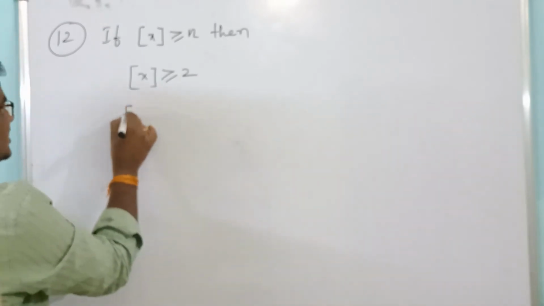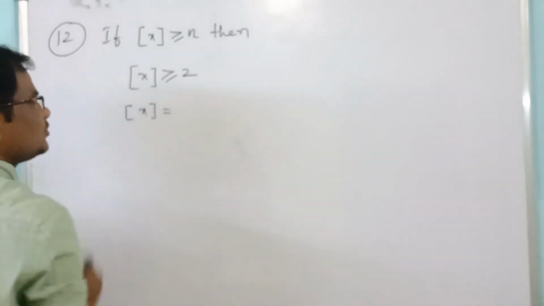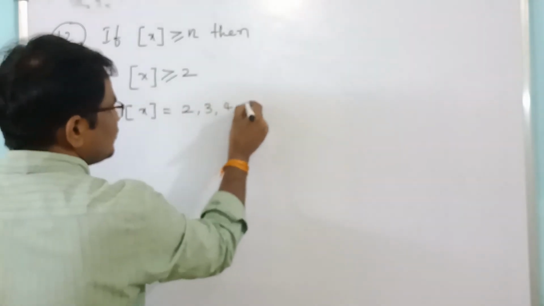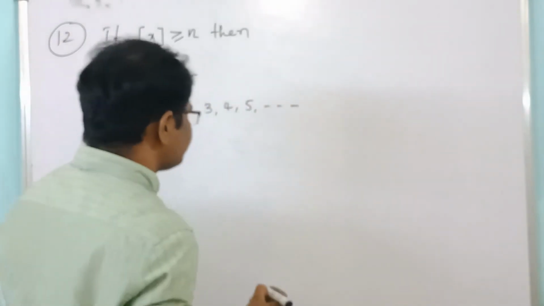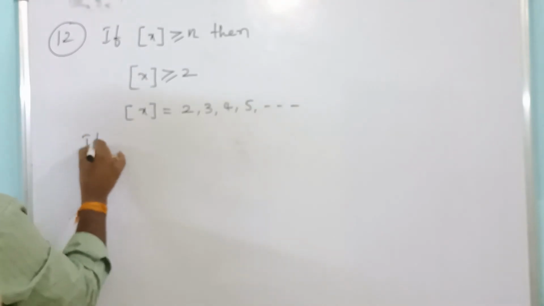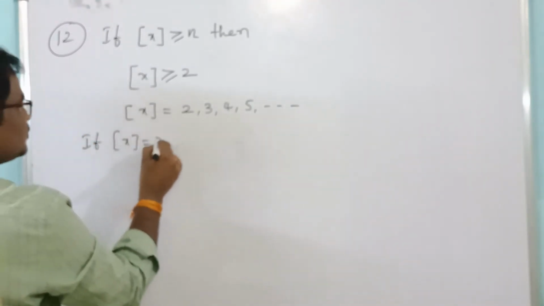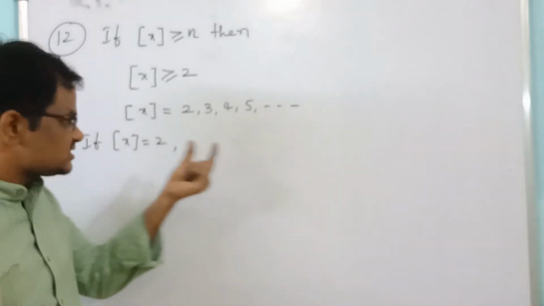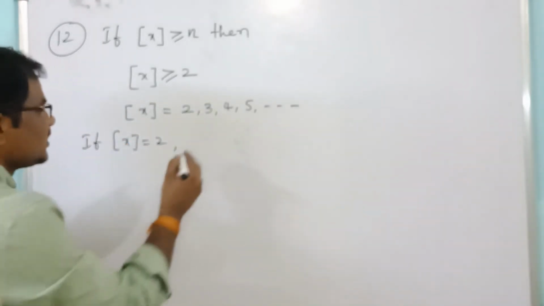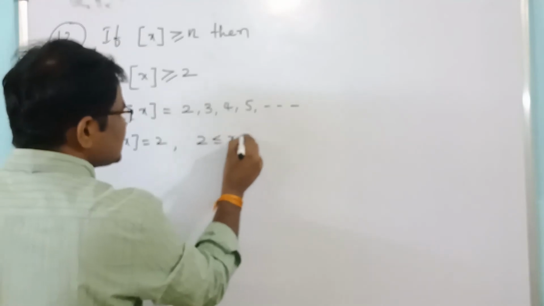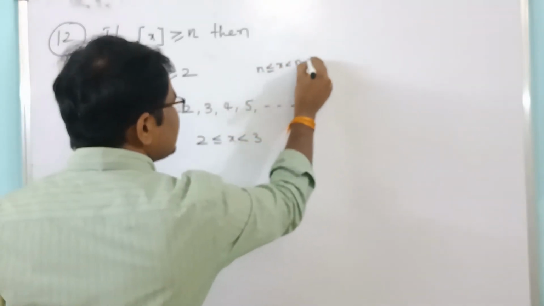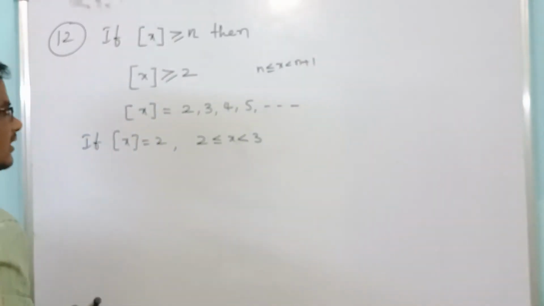Means floor of x is greater than or equal to 2, what are the possible values? 2, 3, 4, 5, etc. Now if floor of x equals 2, for which real numbers is the greatest integer function 2? 2 is less than or equal to x less than 3. That is the condition n less than or equal to x less than n plus 1. Right?